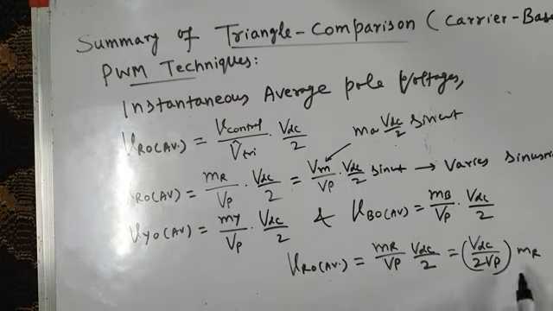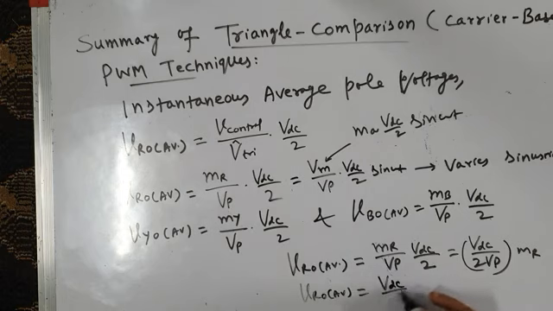And that is proved mathematically here, because your instantaneous average pole voltage VRO average is equal to VDC by 2VP into MR. So it is directly proportional to MR. In fact, it is the amplified version of the modulating wave. What is this? This is the gain of the inverter.